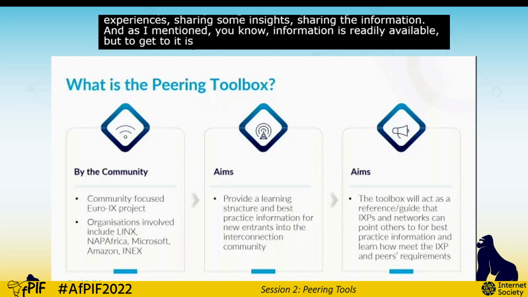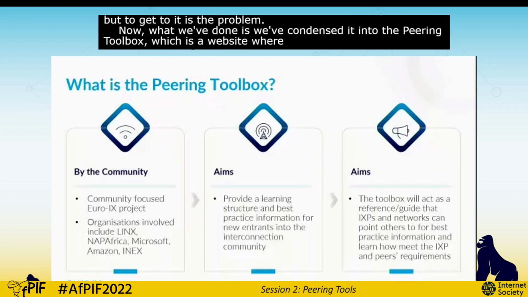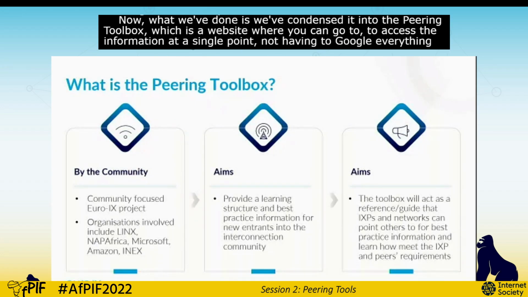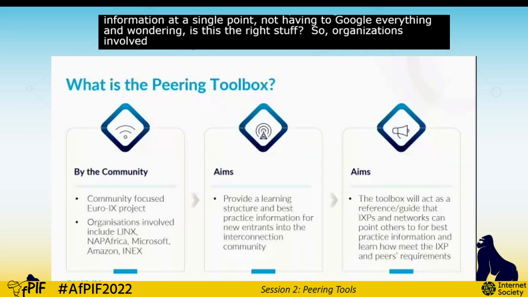Now, what we've done is we condensed it into the Peering Toolbox, which is a website where you can go to access the information at a single point, not having to Google everything and wondering, is this the right stuff? So organizations involved include Linx, ourselves as NAPAfrica, Microsoft, Amazon, and INEX.